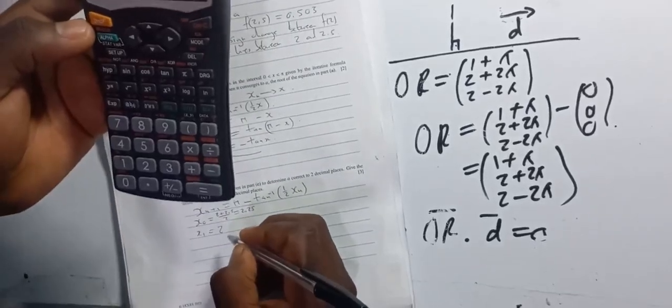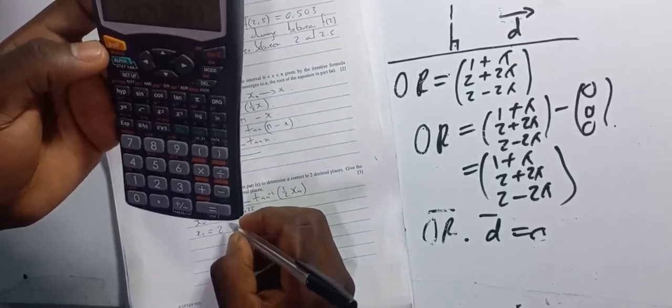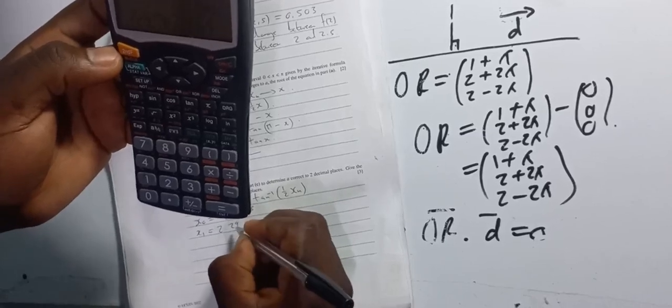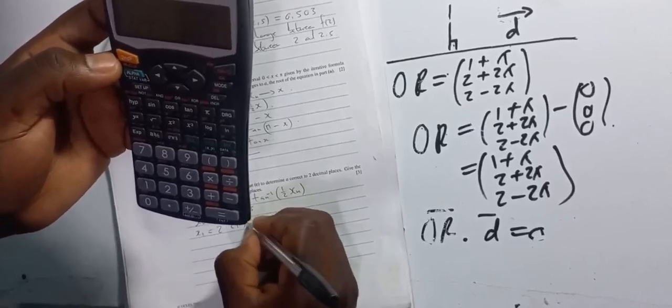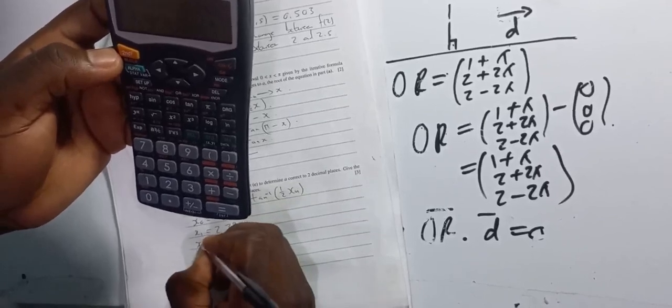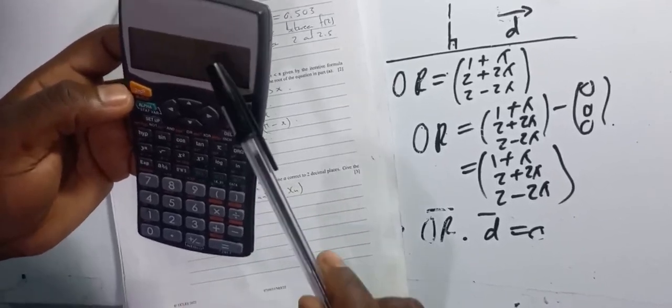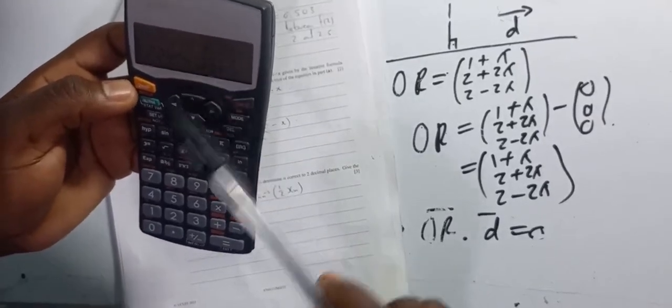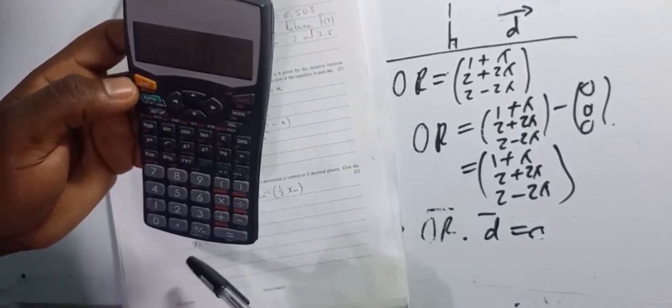We are told to leave our answers to 4 decimal places, so x1 is 2.2974. For x2, since the formula is there, where there is answer, it picks the current solution, so it picks x1 to evaluate x2.